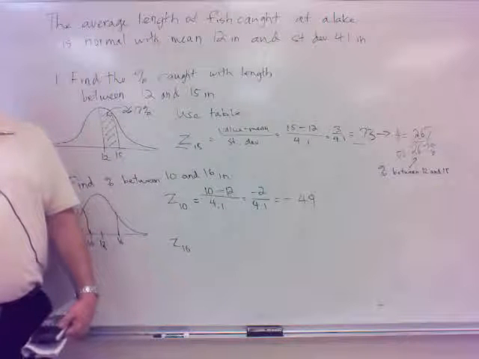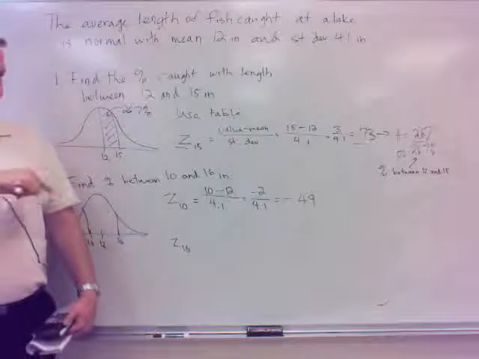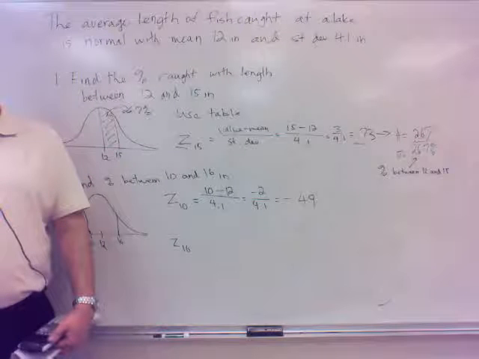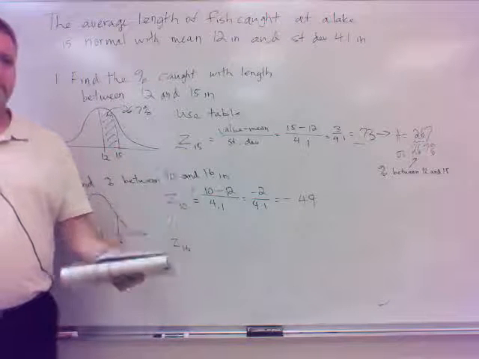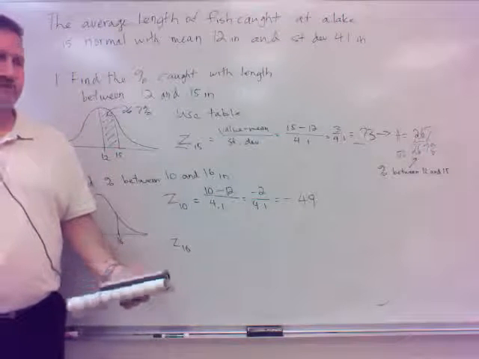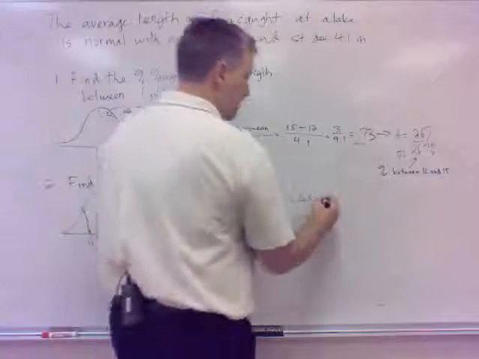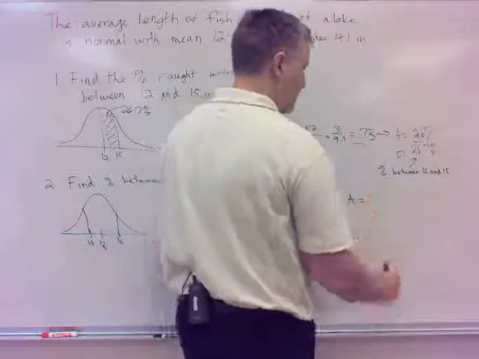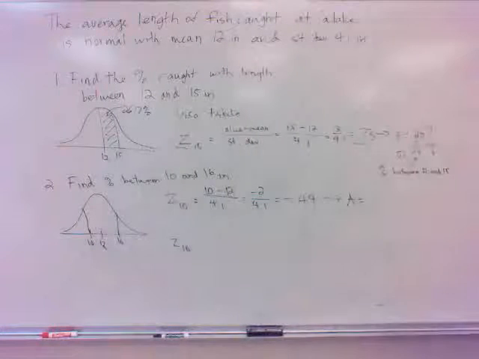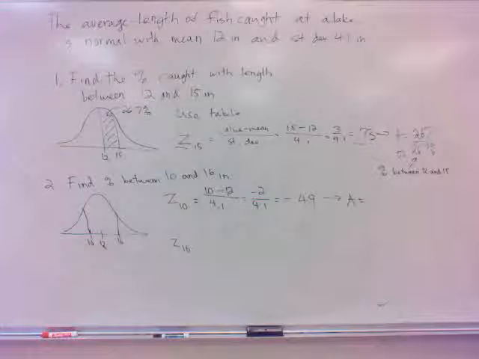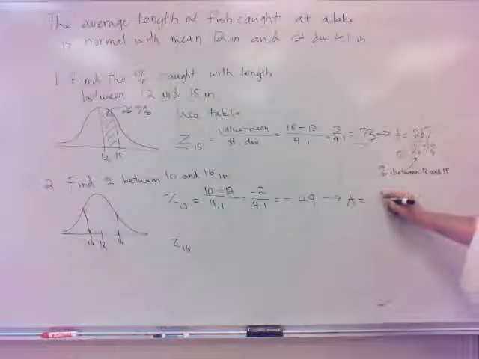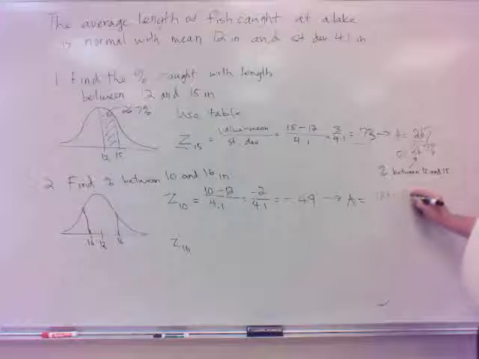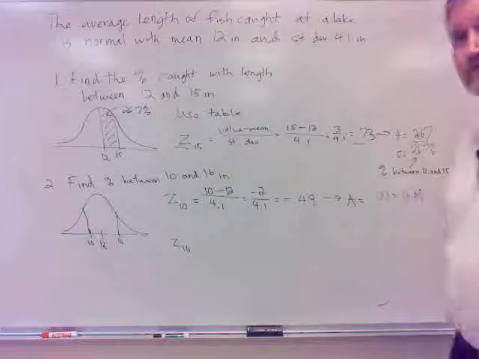The A for the negative z-score is the same as for the positive z-score because it's symmetric. So just look up positive 0.49 and that'll be your A. What do you get? 0.188, which is 18.8%.